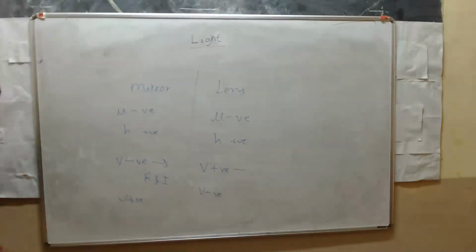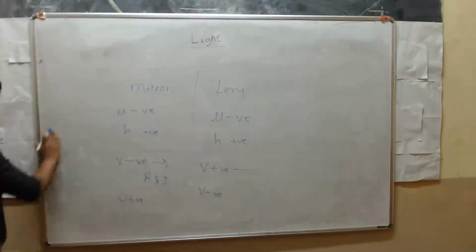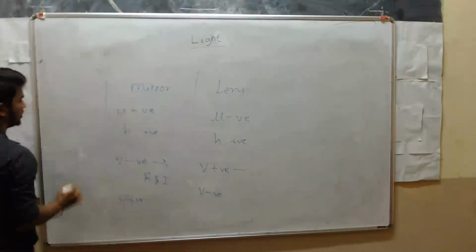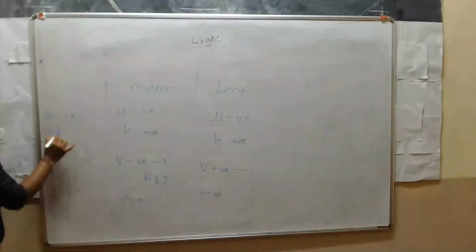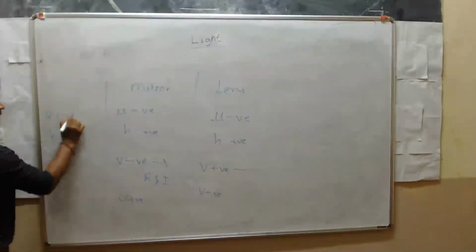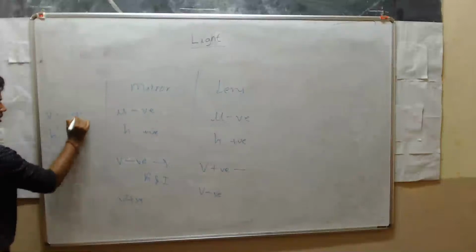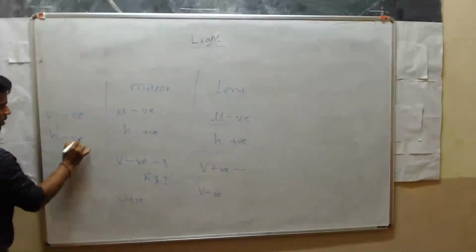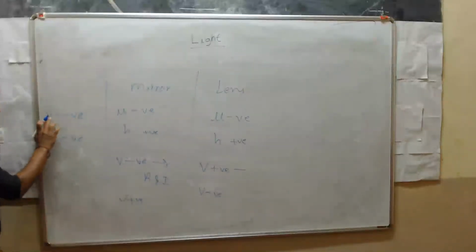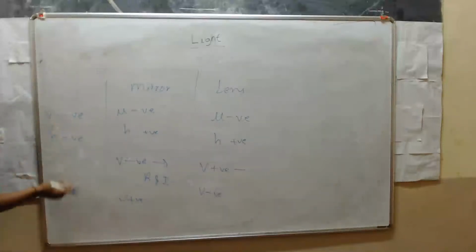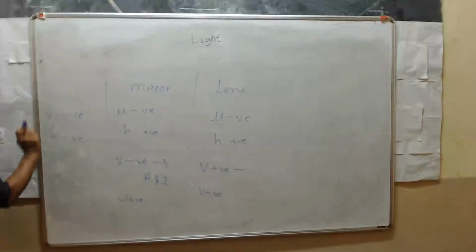In mirrors, if you get the v values negative, then you should get h dash values also negative. See here, while solving a problem, if you get v value negative, then you should get h dash value also negative.